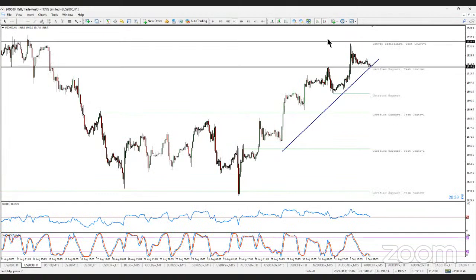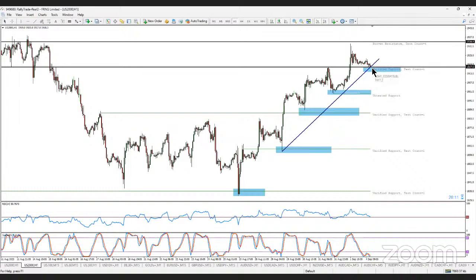I'm expecting, based on what has happened here, what has happened here, I'm expecting the same thing to probably happen here as well.